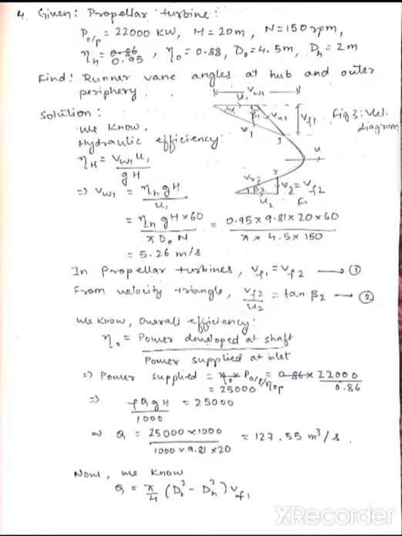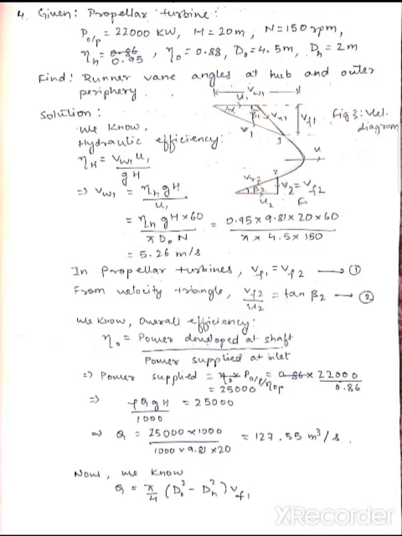That will be equal to 22,000 kilowatt divided by 0.86, and that is equal to 25,000. We also know that power supplied is given by the formula rho q gH, and that is in watt. To convert it into kilowatt we have divided it by 1000, and that is equal to 25,000 as we have found earlier. So from this we'll rearrange and get q to be equal to 127.55 meter cube per second.